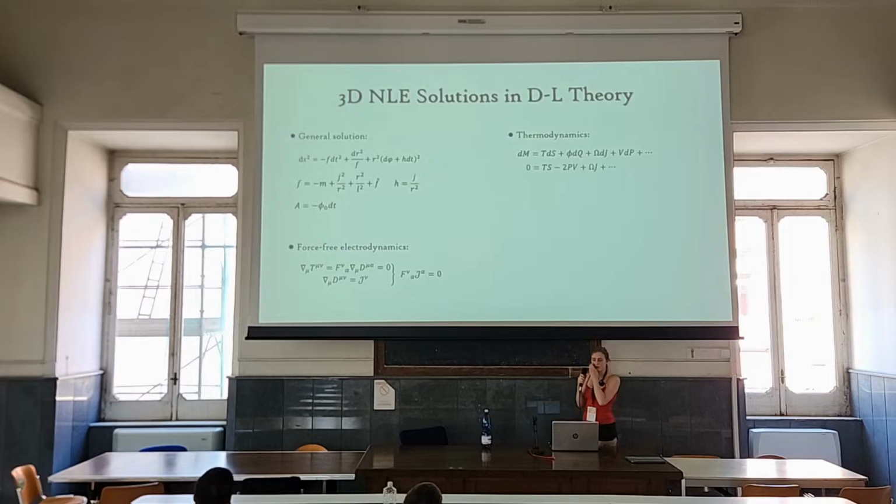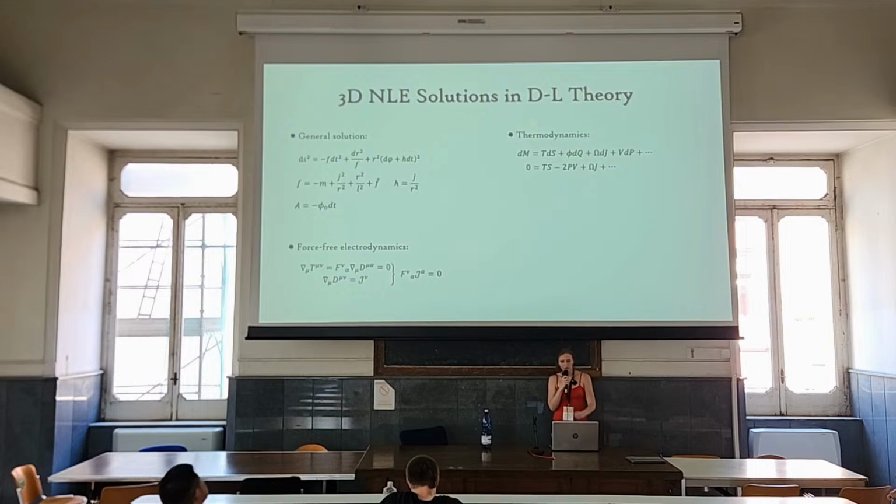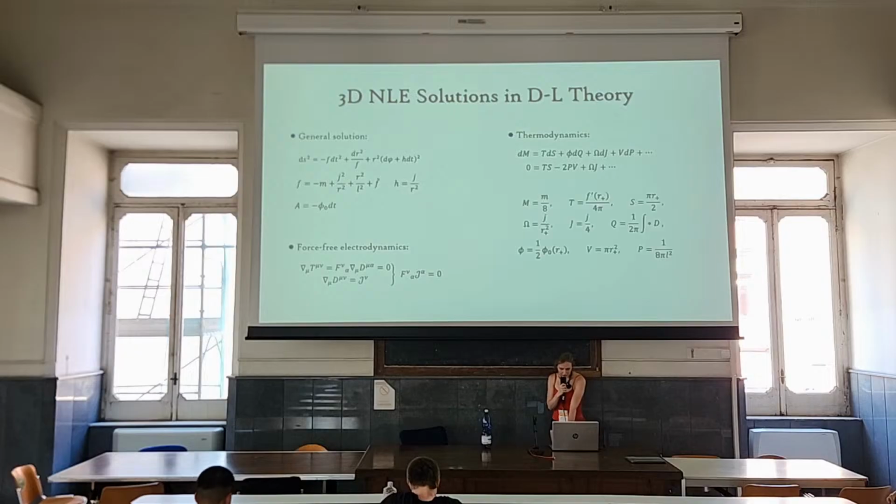These are the first law and the Smarr relations which must be satisfied, and the ellipsis stands for some additional terms which can appear there, because when you take some NLE, you will probably have some coupling constants there. You can treat them as free variables, and you can vary with respect to them and obtain additional terms in your thermodynamics. And your thermodynamic quantities will look like this. So some of them depend on your specific choice of NLE, some of them don't.